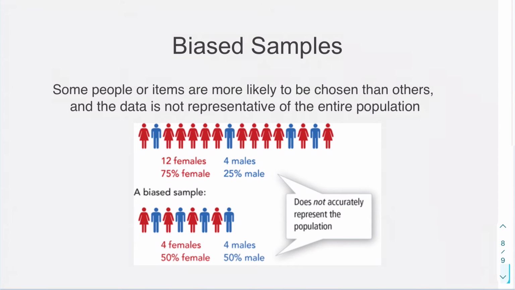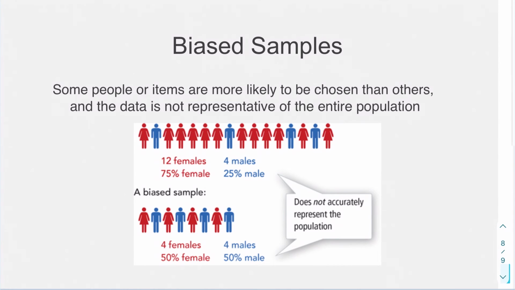So in your sample, you have 50% female and 50% male, while in the population, it has 75% female and 25% male. Obviously, the sample does not reflect the population. In scenarios with such small numbers, random sampling may not be as effective. However, with much bigger numbers, random sampling would yield a sample that would really accurately represent the population.